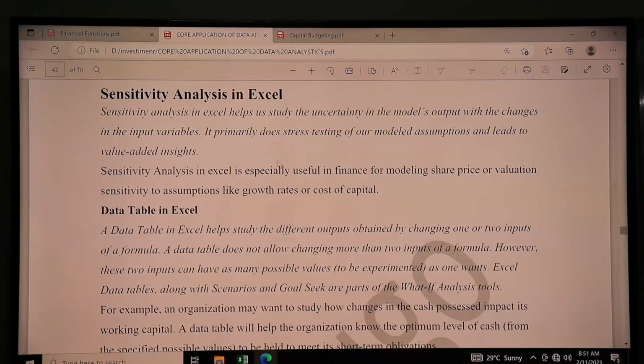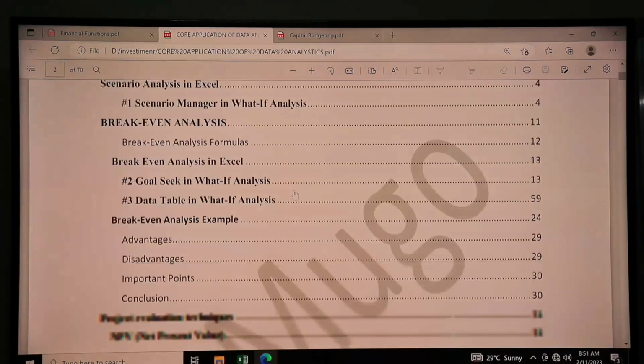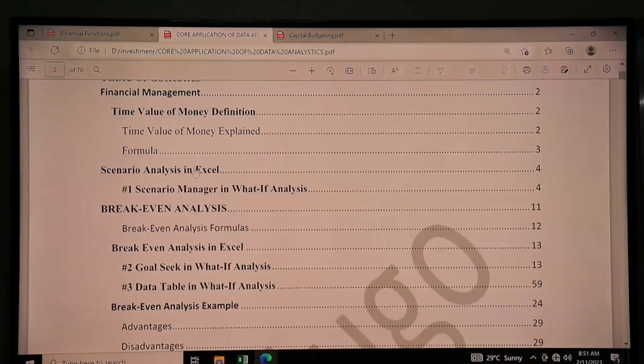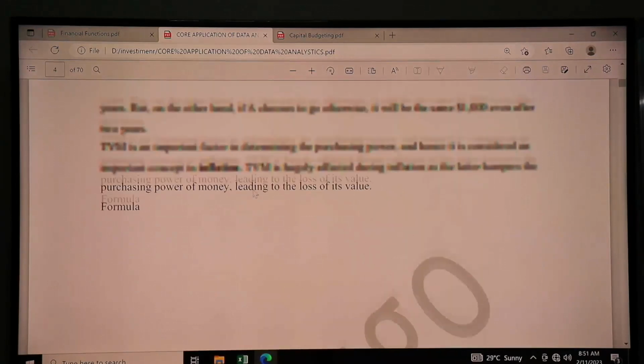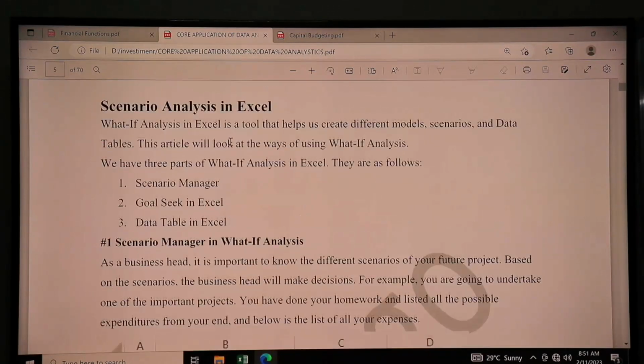Remember, we said that all these functions that we are discussing here are under something we call the scenario analysis. Scenario analysis is under the what-if analysis in Excel tools, which presents the scenario manager, which we have discussed.